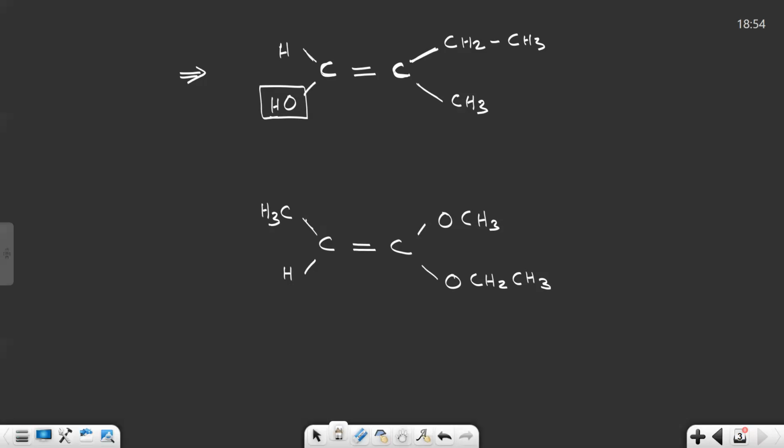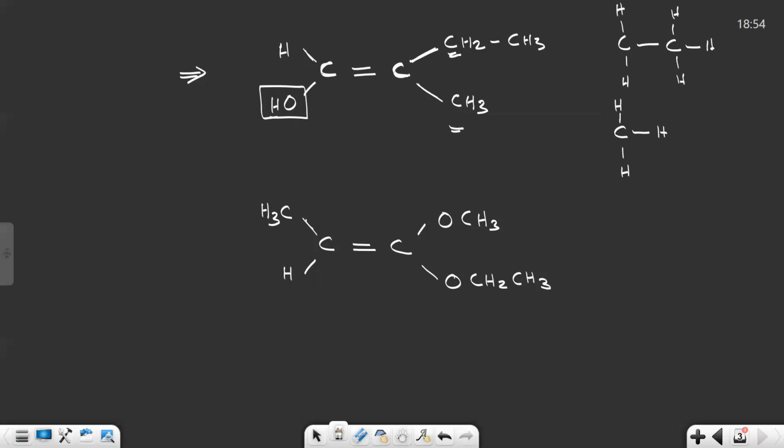Now, if there is a tie, we need to consider the next atom. So consider here, this carbon is attached to two hydrogen atoms and one carbon, and that carbon is attached to three hydrogens. Now consider this methyl group. Carbon is attached to three hydrogens.